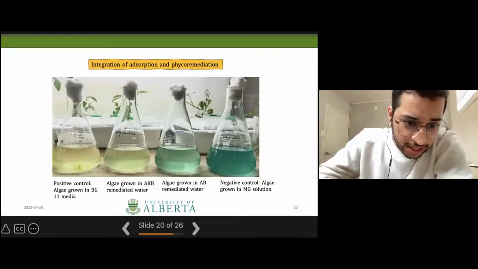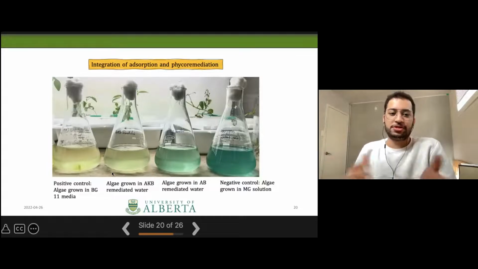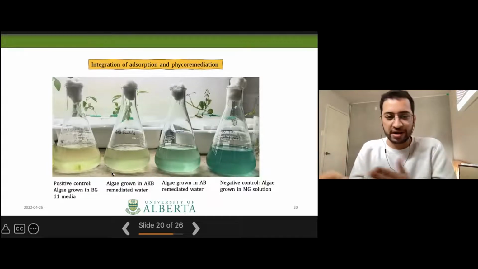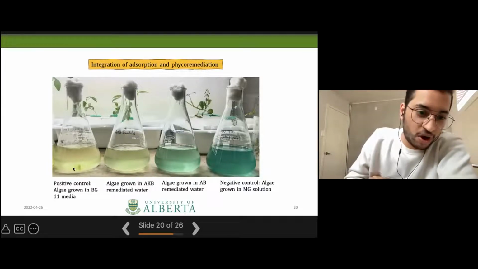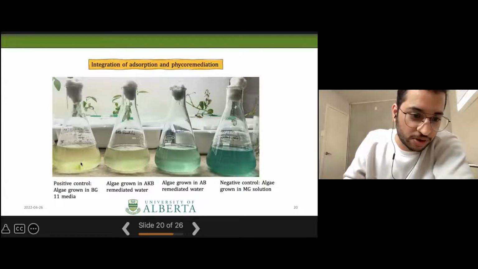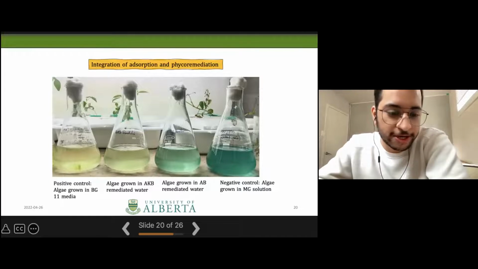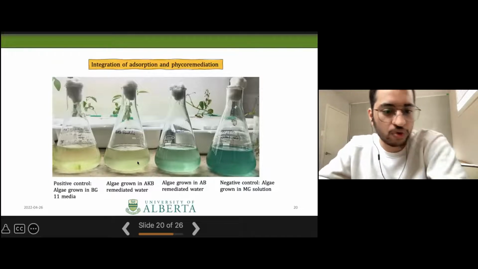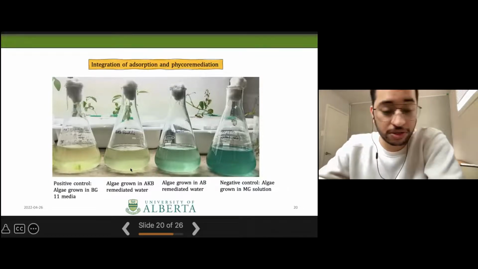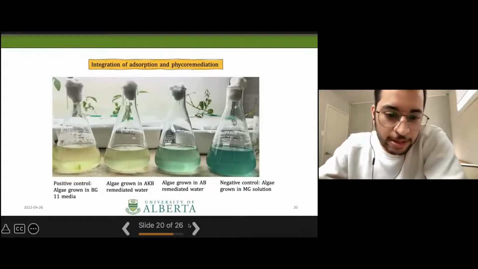As you can see, in the case of AKB remediated water and the positive control, the color is almost similar. It shows that the end result is almost the same as the positive control: if we simply grow algae in fresh water, and if we grow algae in AKB remediated water, the results are quite the same.